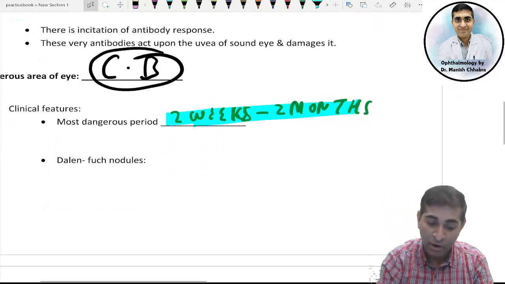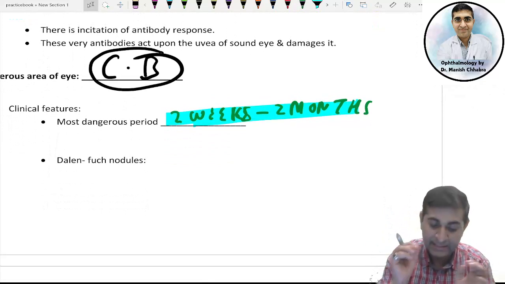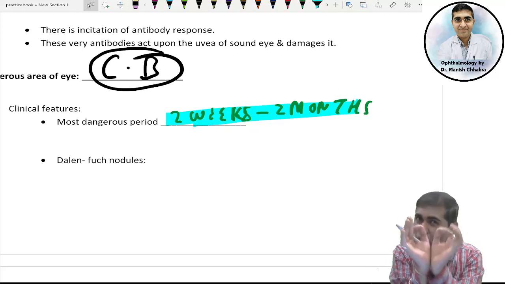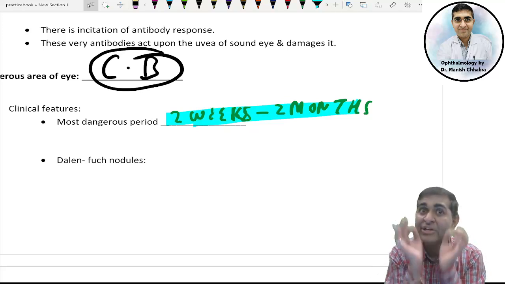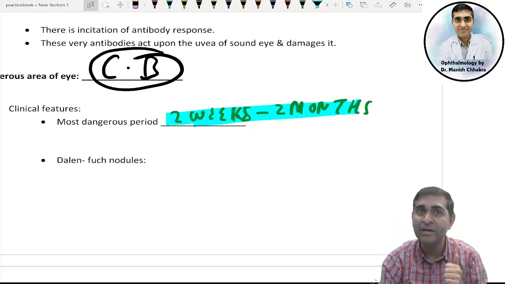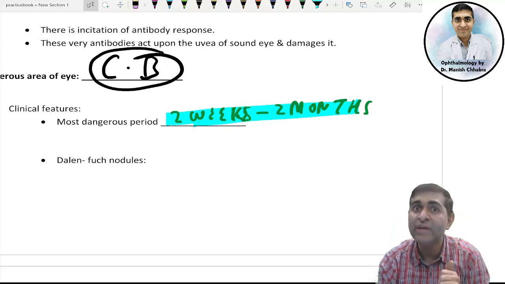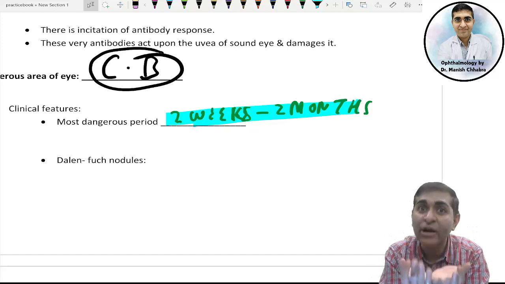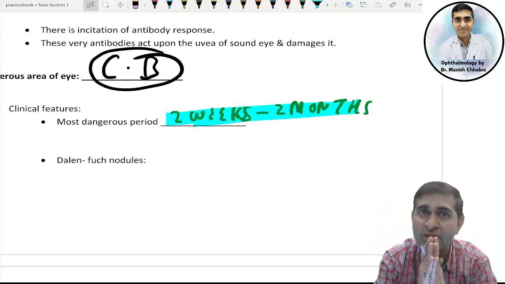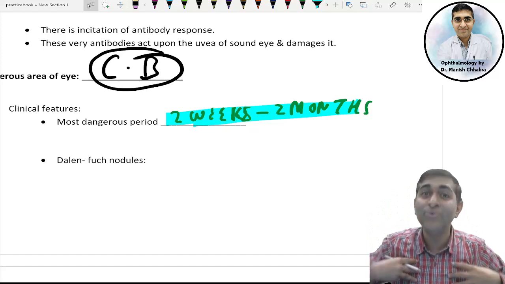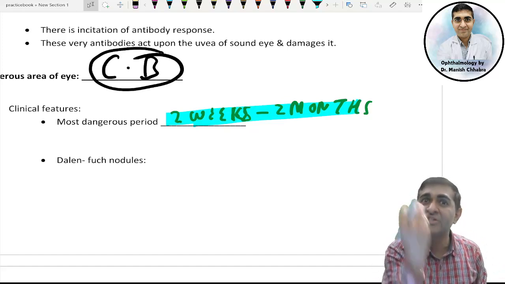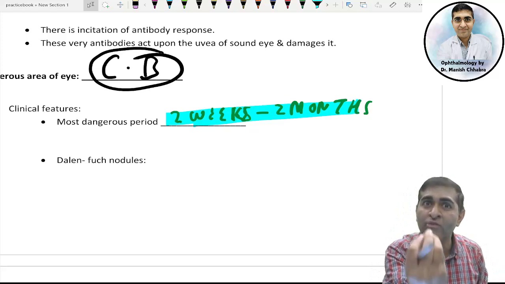All right, now sympathetic ophthalmitis has the formation of Dehlen-Fook nodules. I told you in the very beginning that it is non-suppurative bilateral granulomatous panuveitis, and whenever we talk of granuloma, there must be some antigen. You could recall the granuloma of tuberculosis. Can you tell me what consists the granuloma of tuberculosis?